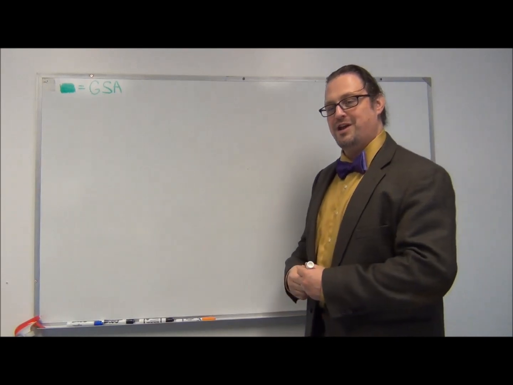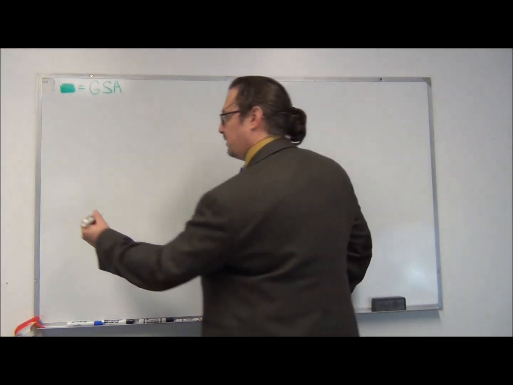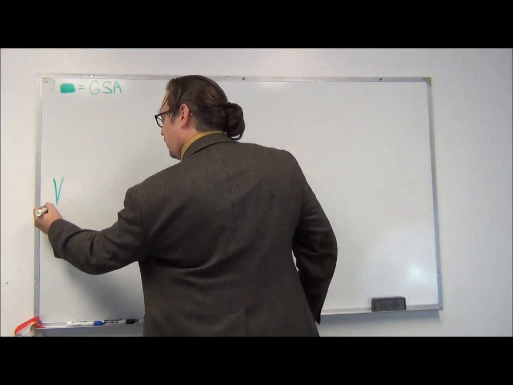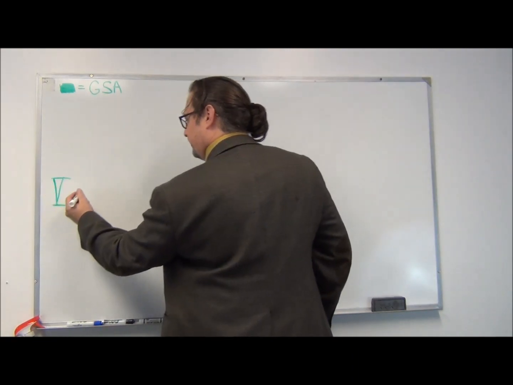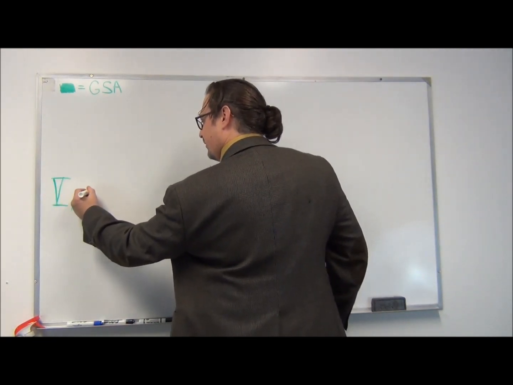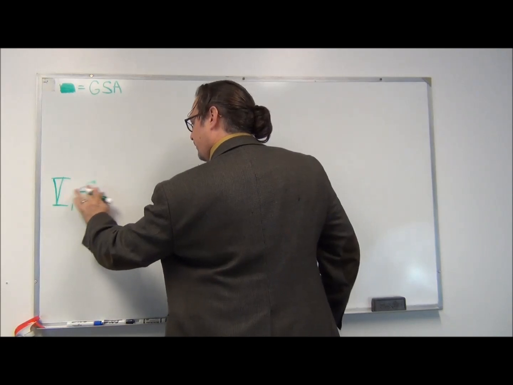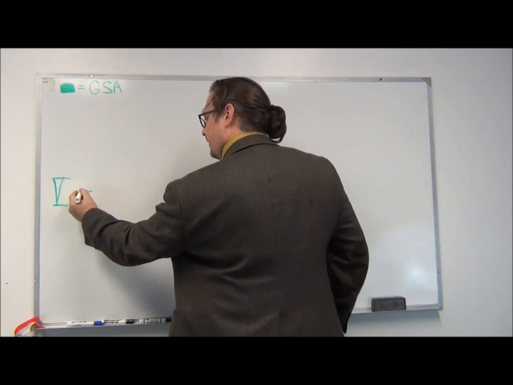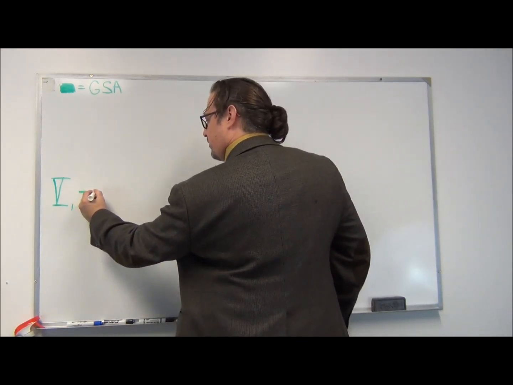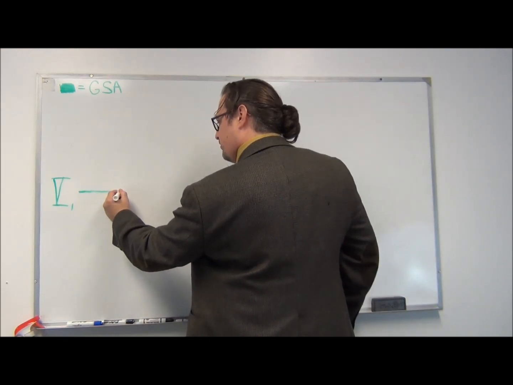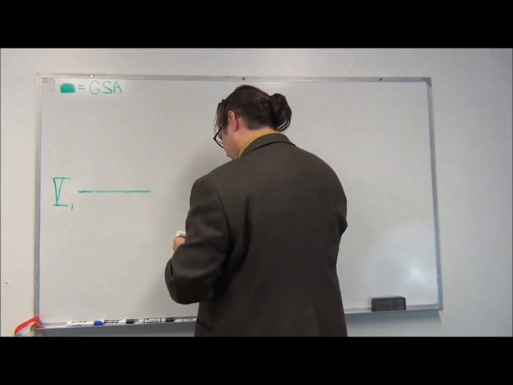Alright, so let's take a closer look now at the branches of V1, the ophthalmic nerve. Extending off of the trigeminal ganglion, V1 is going to travel through a dural venous sinus.